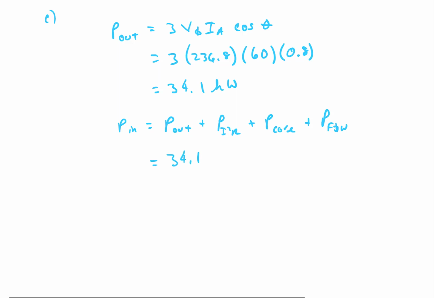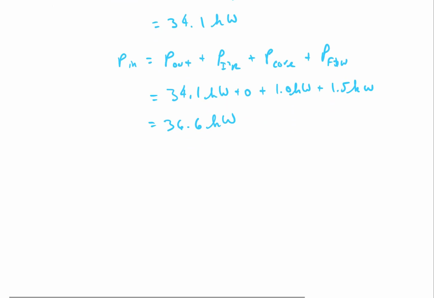P out, we just solved, 34.1 kW. We assumed that there were no electrical losses in this problem, so that's 0. Our core losses were given in the problem to be 1 kilowatt, and our mechanical losses were given to be 1.5 kilowatts. So therefore, if we add all that up, it tells us what our input power was. And our input power then was 36.6 kW.